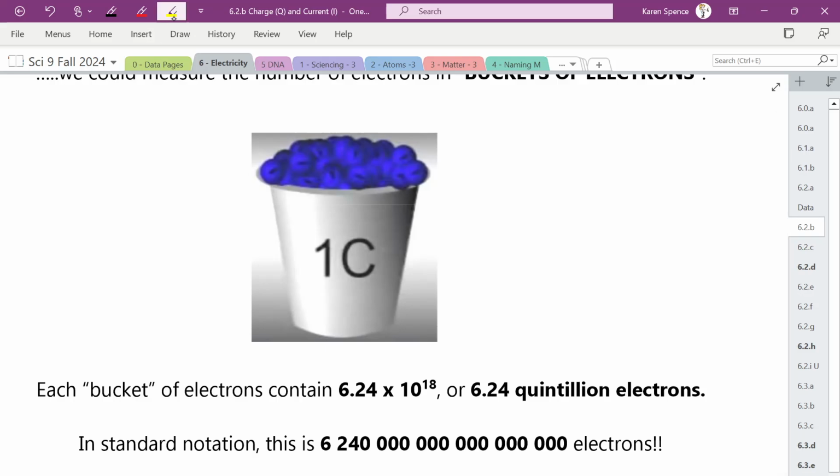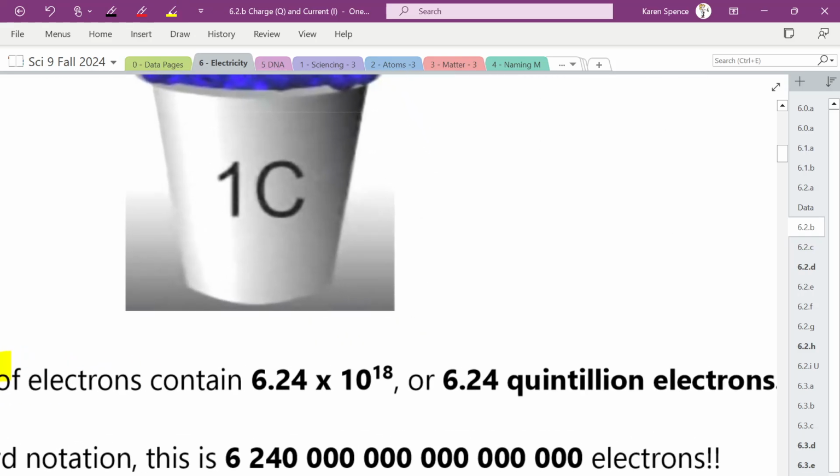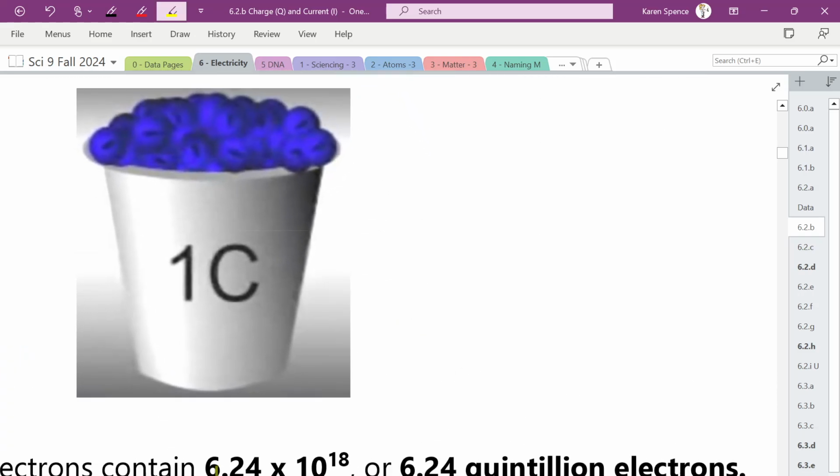Each bucket of electrons contains, and this is the number we had on the board yesterday, 6.24 times 10 to the 18, which is 6.24 quintillion electrons. That's a whole heap.